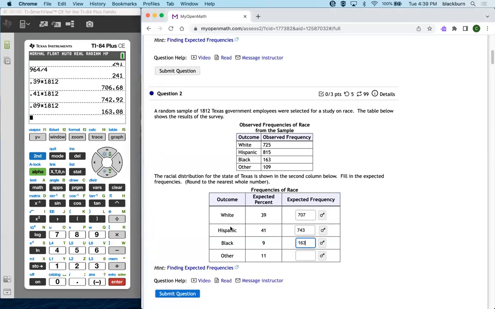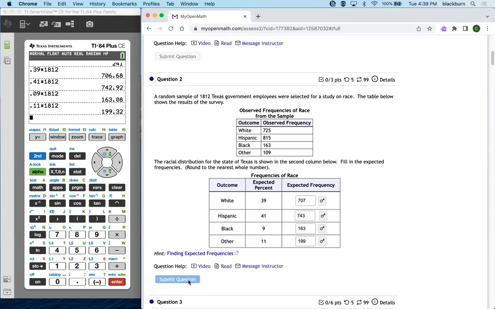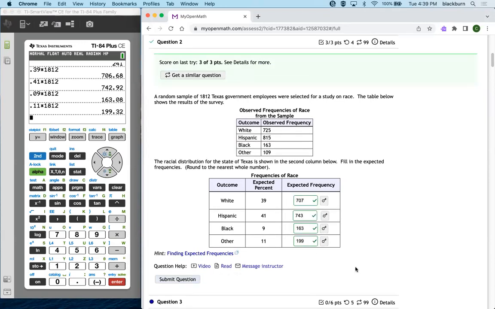And then others, 11% of 1,812, and we get 199 for that one. Oh, I didn't mean to do number 2, but there you go. I did both of them. And then we hit the button, and there you have it. All right, so they give you the percent, you just multiply that by the sample size, and that's what we'd expect.